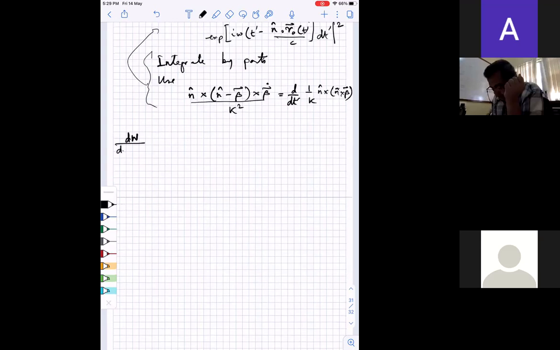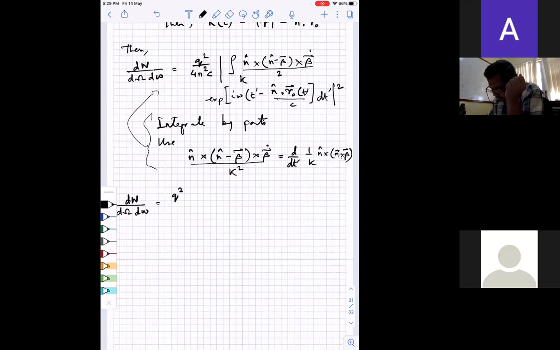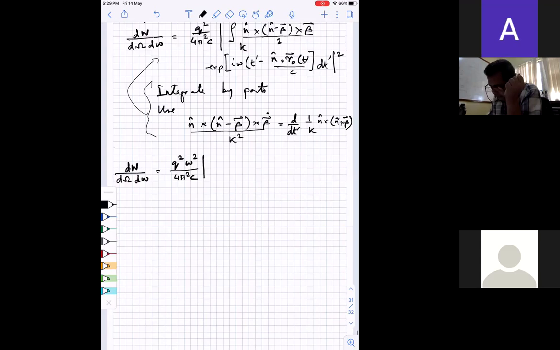So one last big expression is the energy per unit solid angle per frequency. You get q squared, and omega squared comes over here, over 4 pi squared c, and then this whole thing becomes an integral of n cap cross n cap cross beta, and then exponential of i omega t prime minus n cap dot r0 by c.